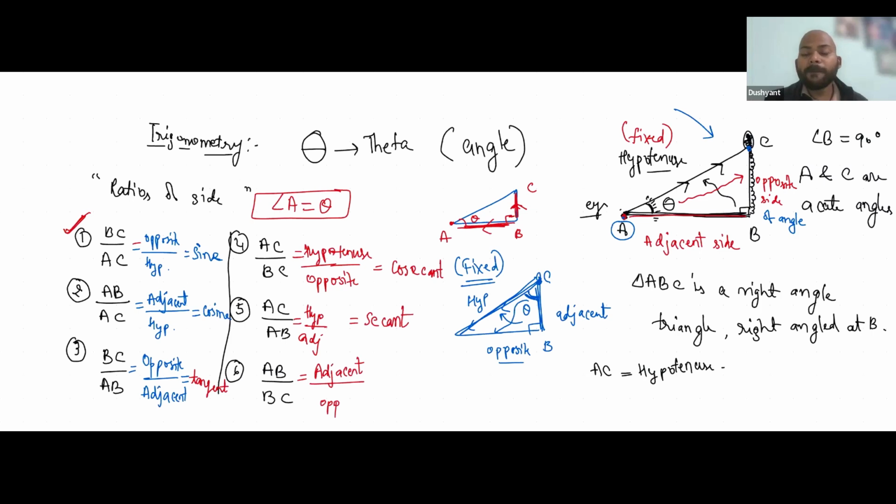AB over BC is the reverse of tangent. So that's my adjacent over opposite, which is the cotangent. Okay. So tangent and cotangent, cosine and secant, sine and cosecant.